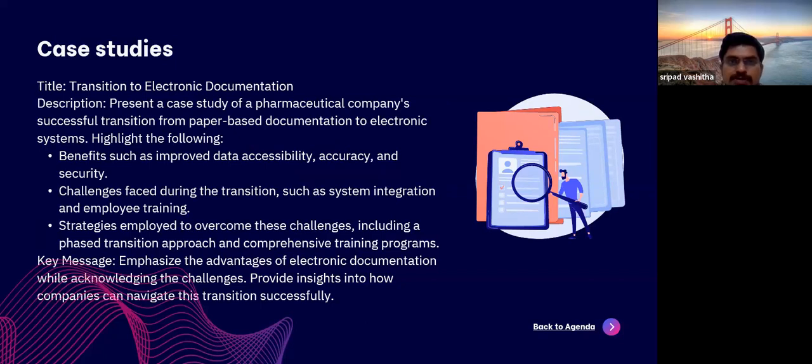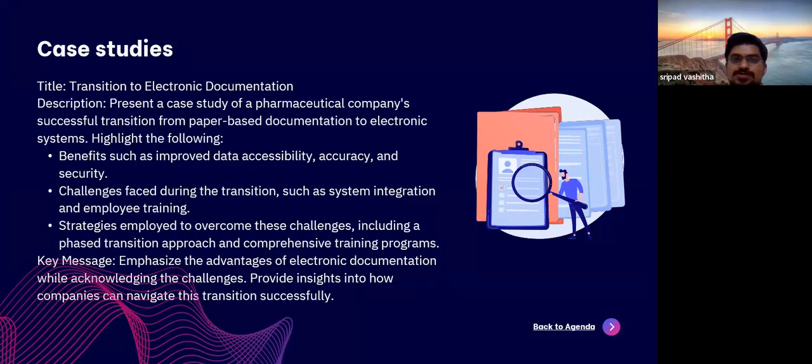The benefit they could achieve is more data accessibility, where data is more accurate and more secure. Challenges faced during the transition were system integration and employee training. Whenever there is a change, it is human psychology and tendency to not adapt then and there, or to try to oppose it, right? That is something which can be seen at any given point of time.